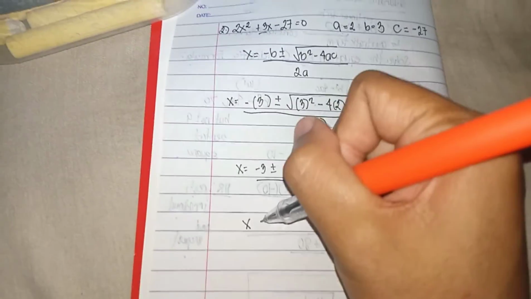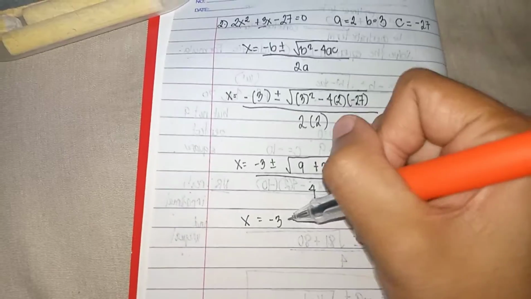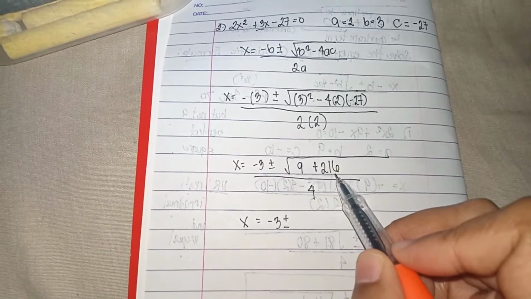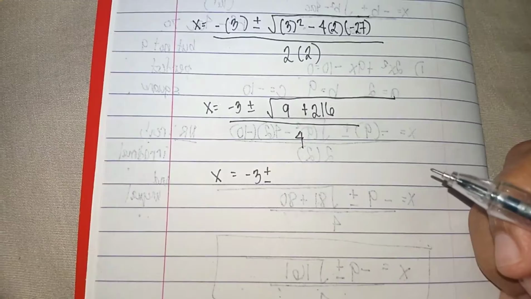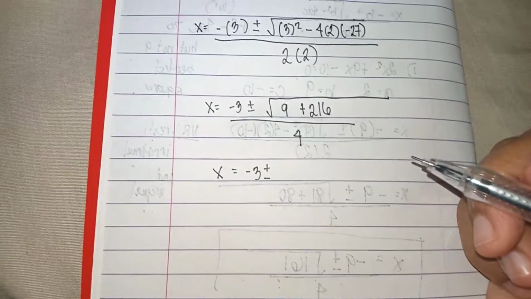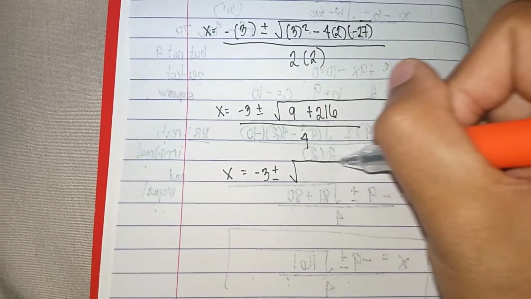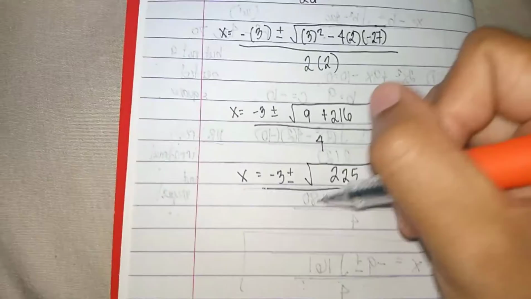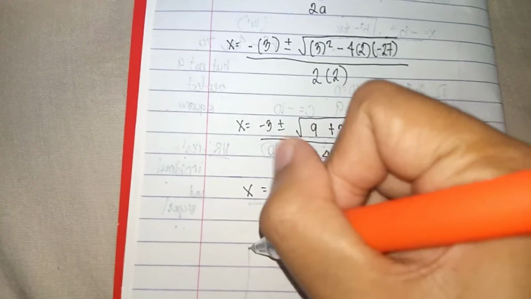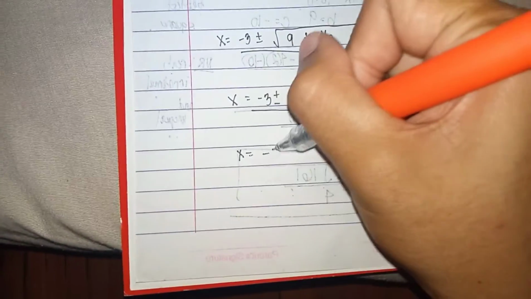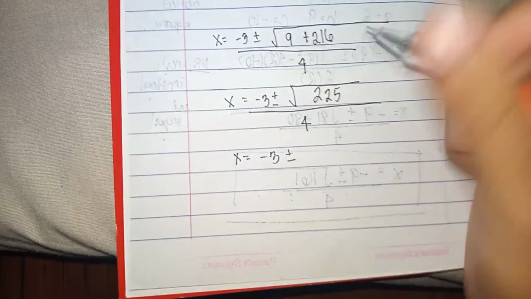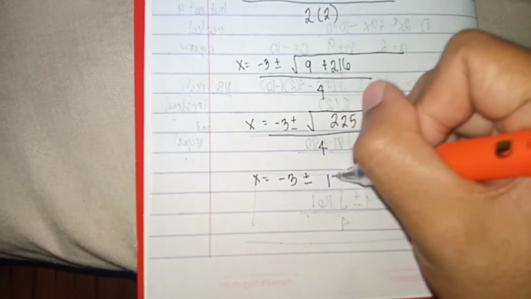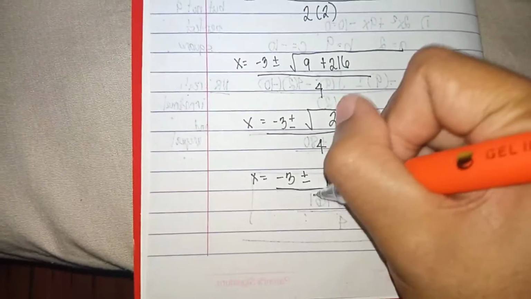Next, x equals negative 3 plus or minus square root of 9 plus 216 is 225, over 4. So x equals negative 3 plus or minus the square root of 225, which is 15, over 4.